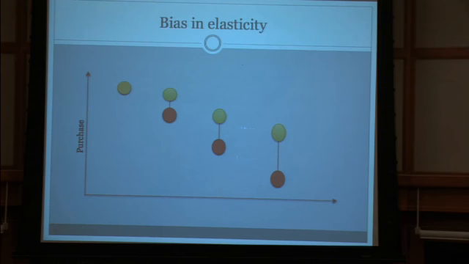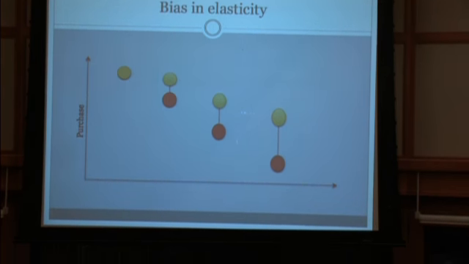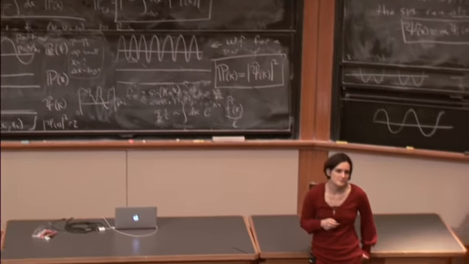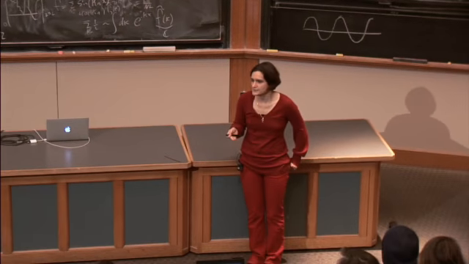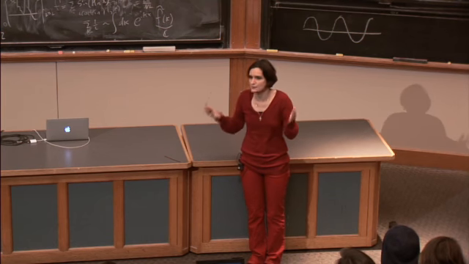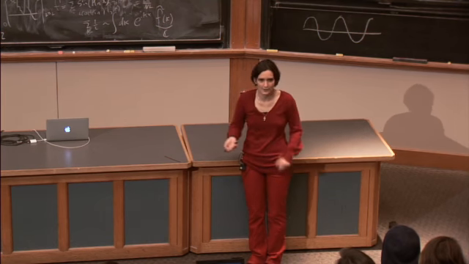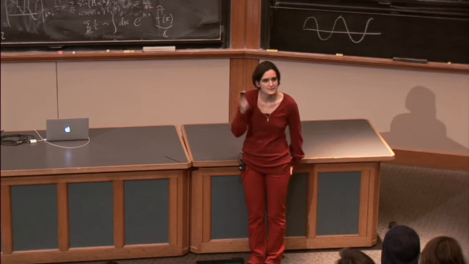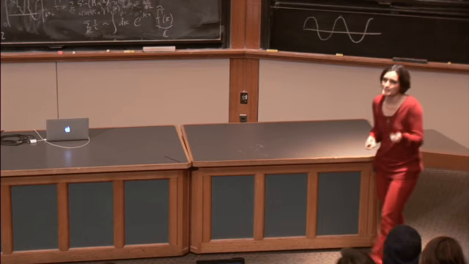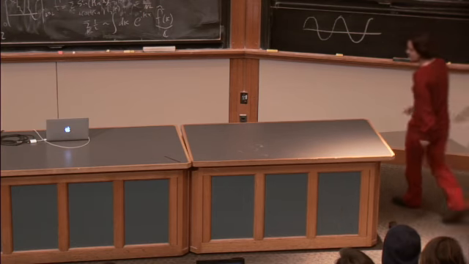So the solution is what you suggested, which is to say, why don't we take one region and try and vary the prices in those regions? Or in fact, we could take two regions, a high malaria region and low malaria region, and vary the prices in those two regions. And this is where the word experiment comes up.